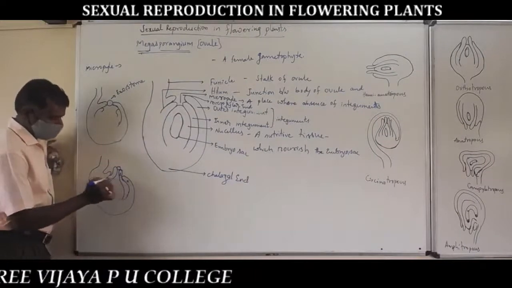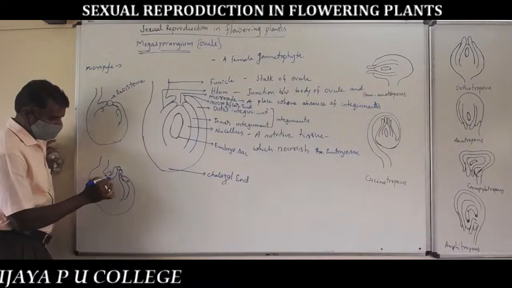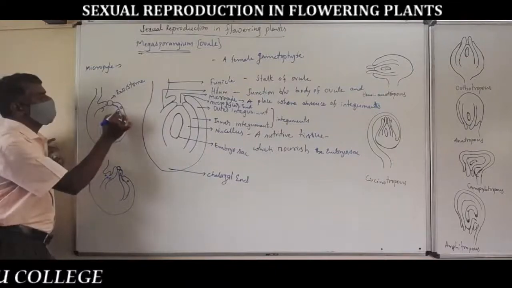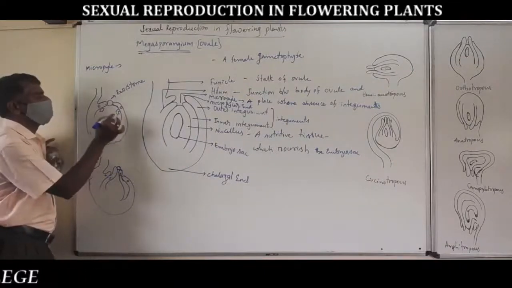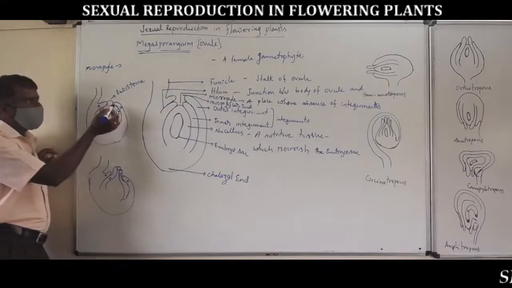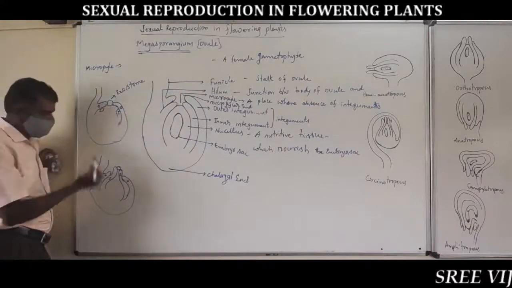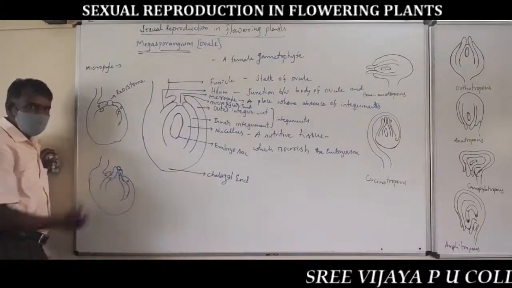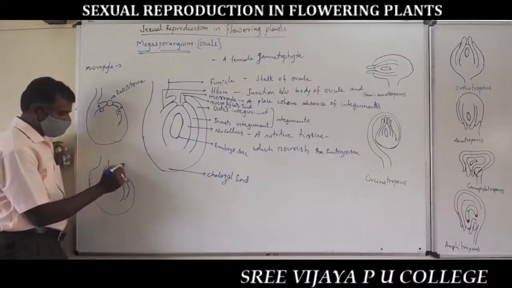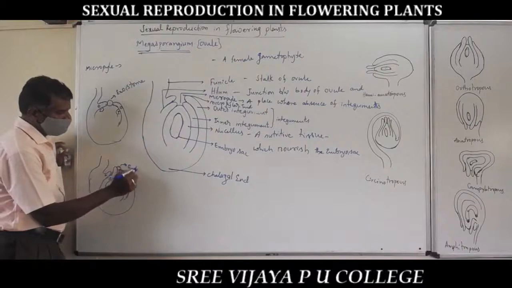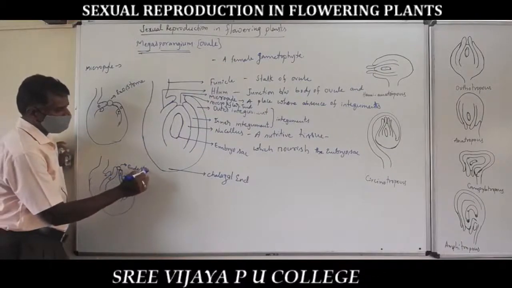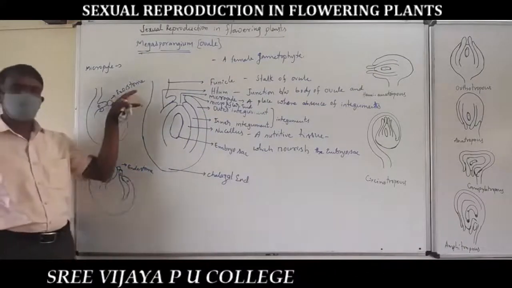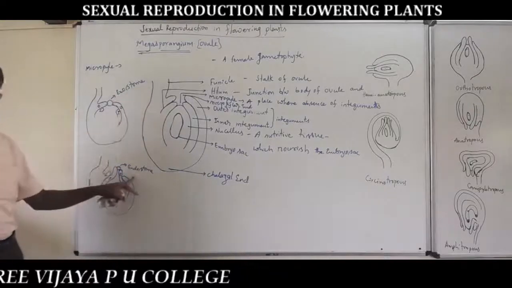It is outer integument, it is inner integument. Here the micropyle is formed by the outer integument. Here the micropyle is formed by the inner integument. So this type of micropyle is called exostome.